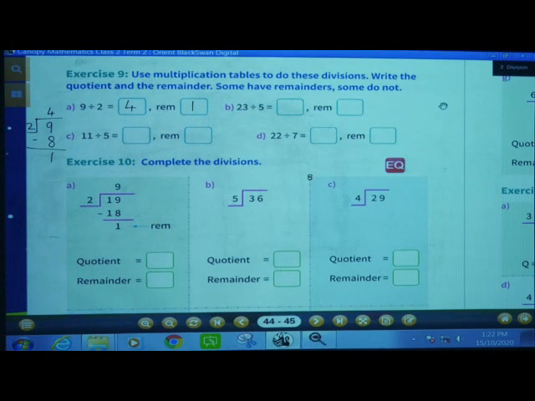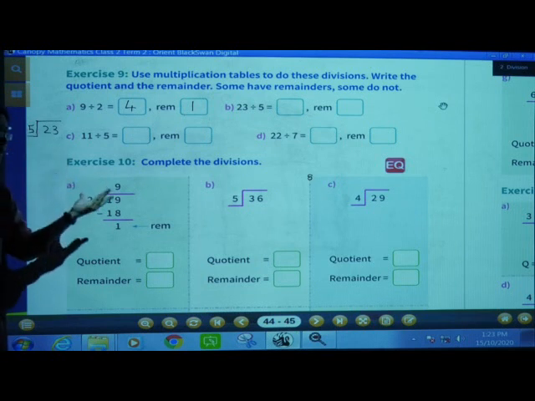Did you understand? Next, B number, 23 divided by 5. We have to say the table of 5. 5 ones are 5, 5 twos are 10, 5 threes are 15, 5 fours are 20, 5 fives are 25.